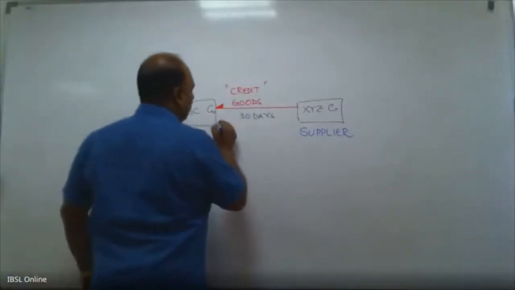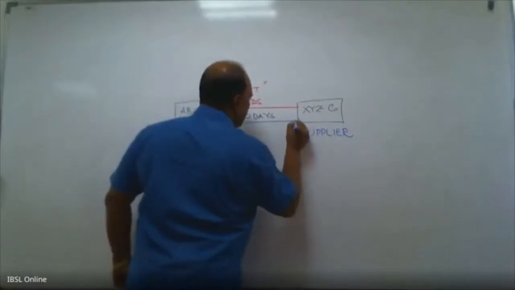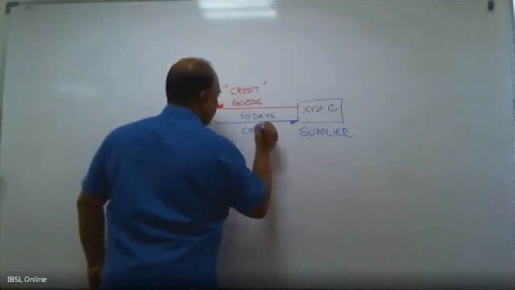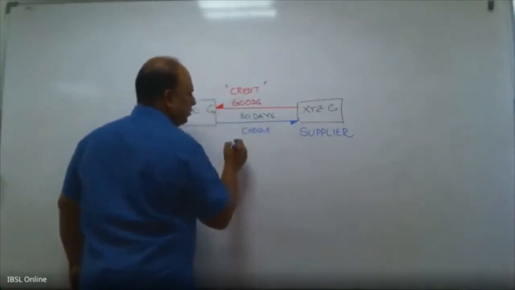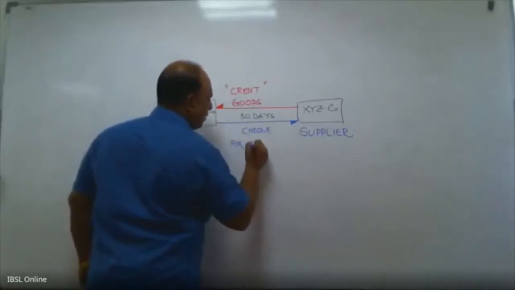Let's say after about 20 days, you give this party a check, okay, for settlement.